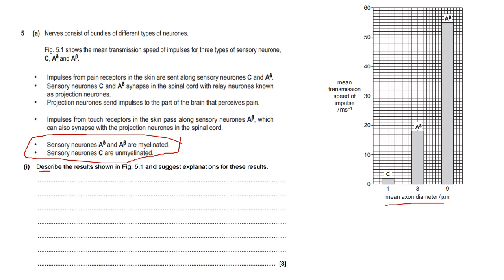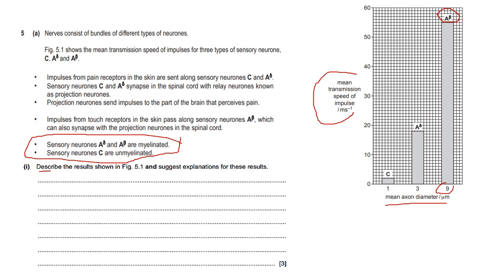Here is the axon diameter, and this is the mean transmission speed of the impulse. The trend you see is that C has the lowest axon diameter and also the lowest mean transmission of impulse, while A beta has the highest axon diameter and the highest mean speed of transmission. So those are the things that you can speak about.